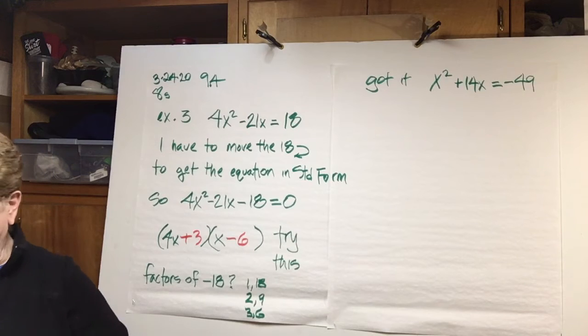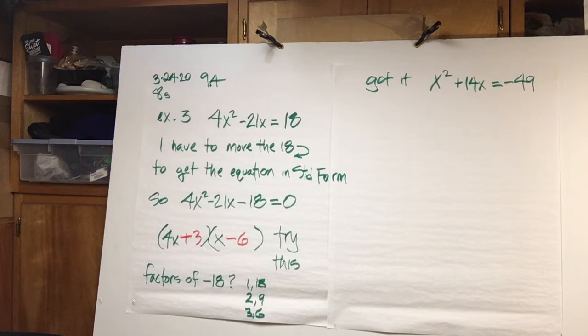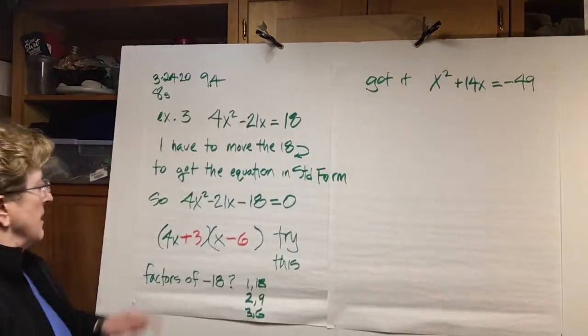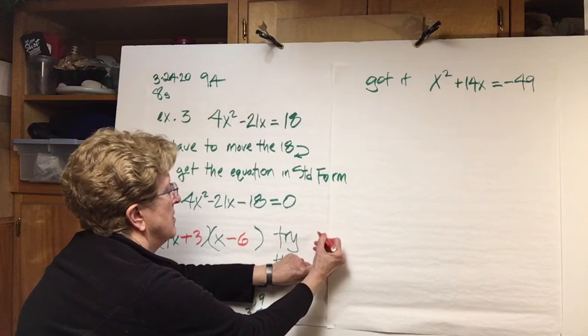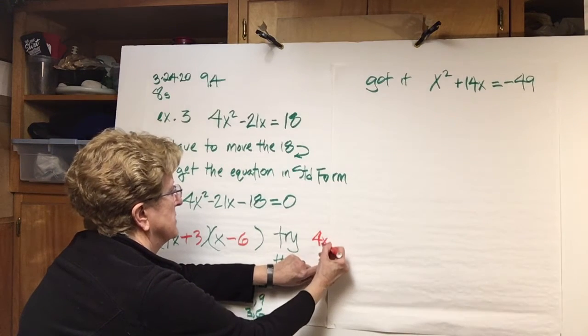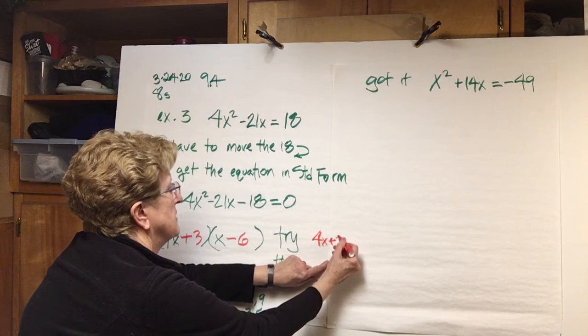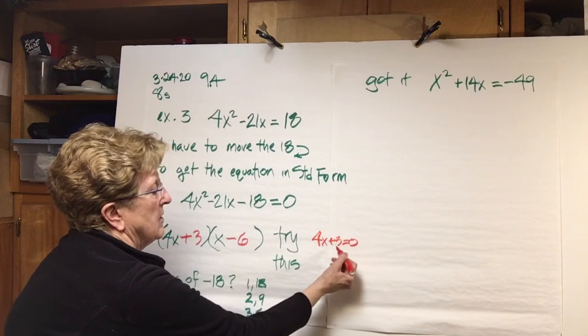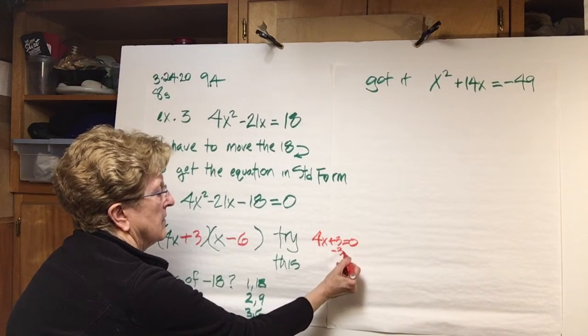So I'm going to just put this book down over here, come back, and say 4x plus 3 equals 0. And I'm going to put that 3 on the other side.